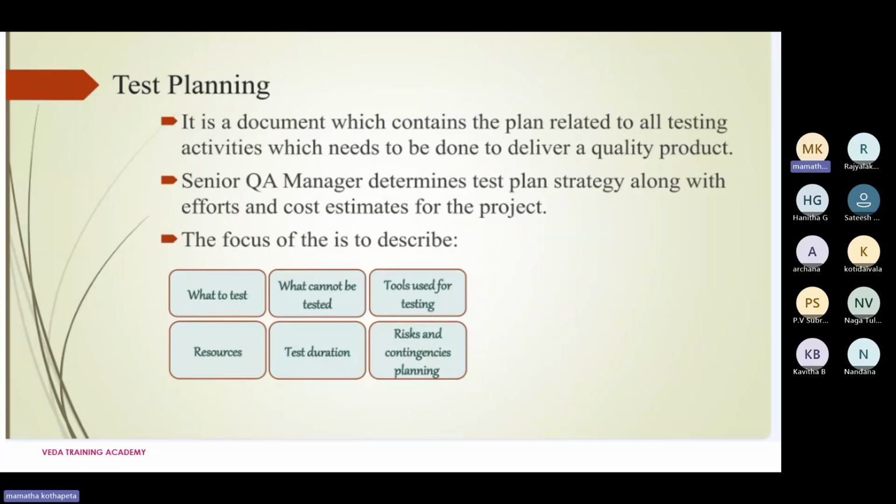Test duration. How much time is there in our hands? Whether it is a 1 month project or a 2 month project, you have 1 week or 2 weeks, depending on the project duration. Your manager will tell what the test duration is. Very, very important: risk and contingency planning. Now, what is risk and contingency planning? Risk is something you know.